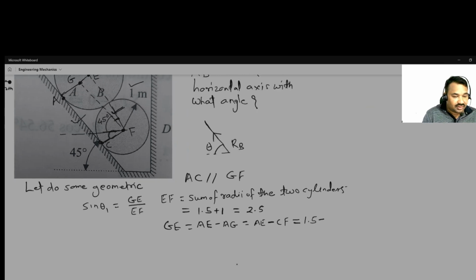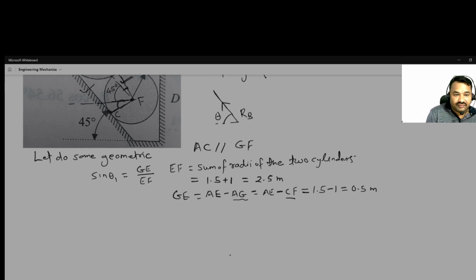CF or AG is the radius of the lower cylinder. What we get is 0.5 meter. This is also in meters.